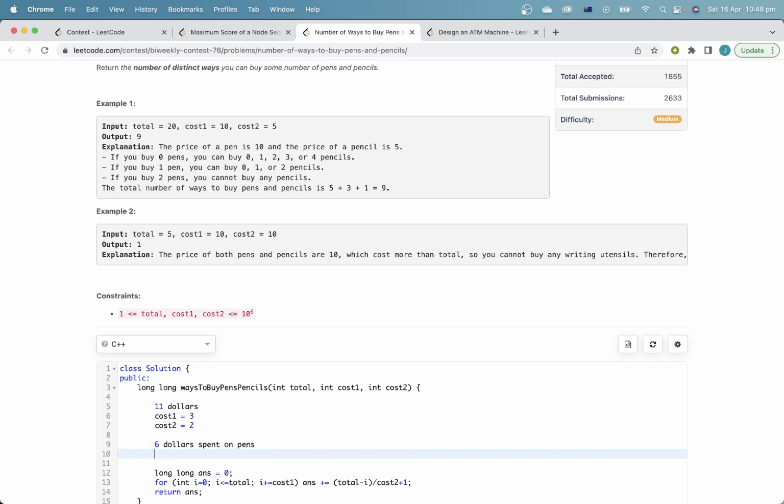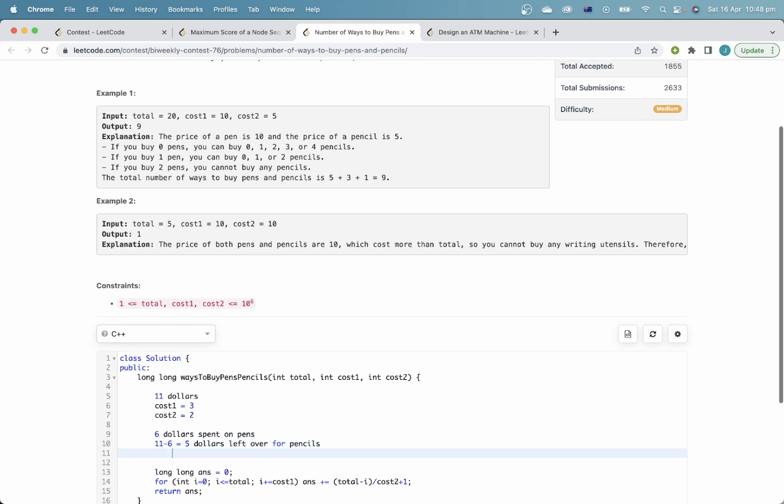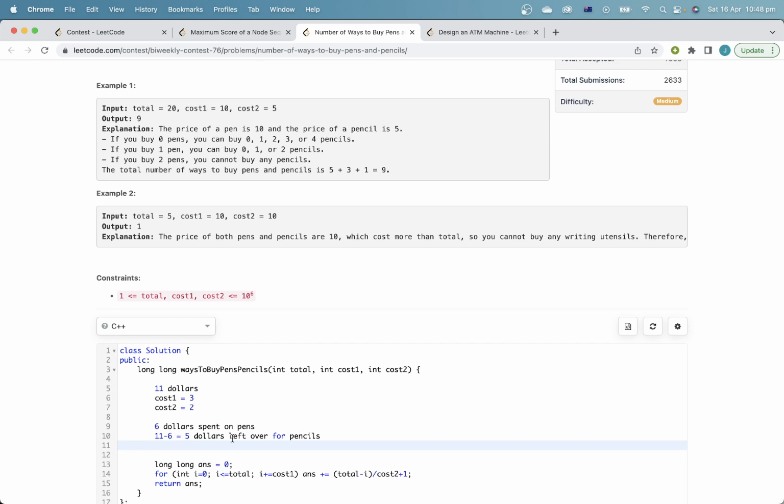That means I have 11 take 6, which is $5 left over for the pencils. And now my question is, how many different number of pencils can I buy with $5 if the price of one pencil is $2? So I could buy 0 pencils, I could buy 1 pencil, I could buy 2 pencils, and that's it. Any more number of pencils would be too much.